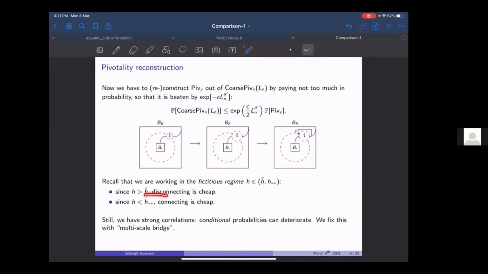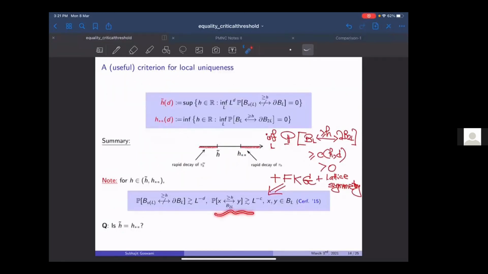So that can come handy in constructing this one, hopefully. And for the next step, creating these connections, we'll use H less than H star star, for which this a priori estimate can come handy, which is actually enabled by the assumption of being in this particular region.